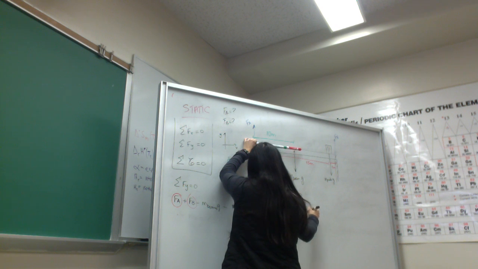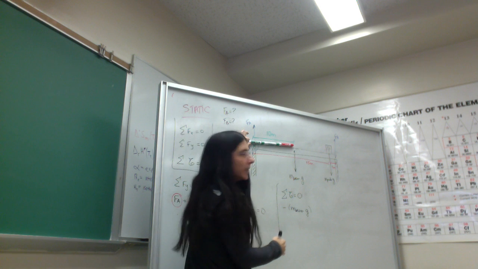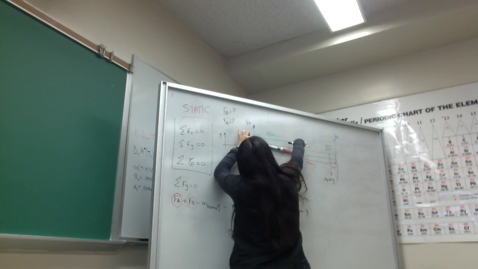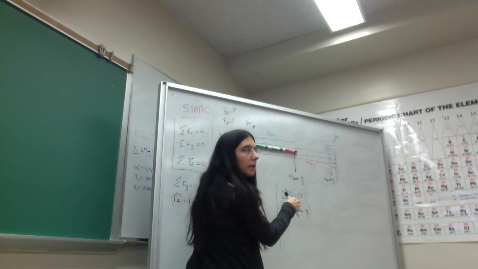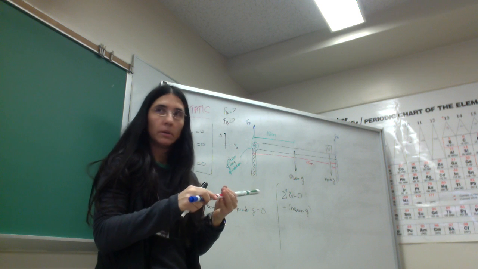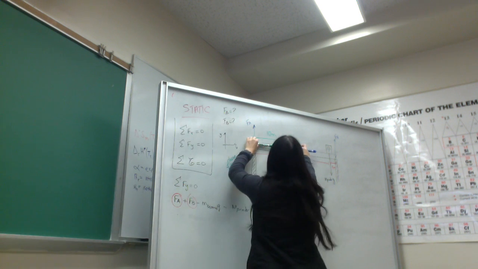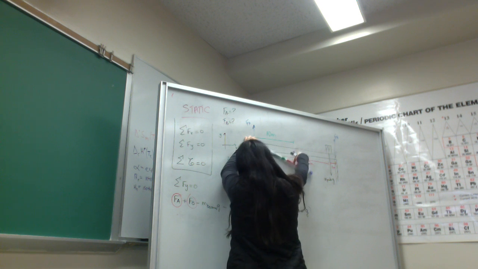Why is that trying to go clockwise? Look, this is the axis of rotation. This is trying to go like this. Everybody sees that? But what force is that? The weight of the beam. The weight of the beam is trying to rotate it in this direction.